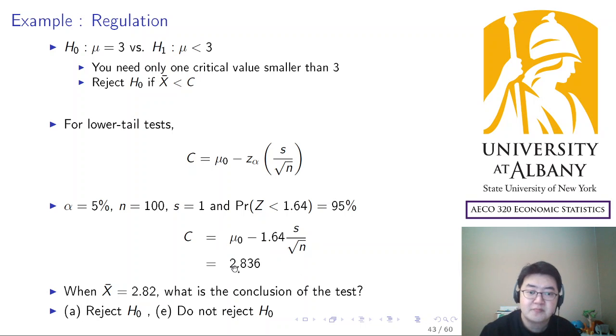Then you get 2.836. Remember, we observed 2.82 as the sample mean. Then can you reject the null hypothesis in this case or not? Think about that. I'm going to stop the video here, and we'll resume in the next one. Bye.